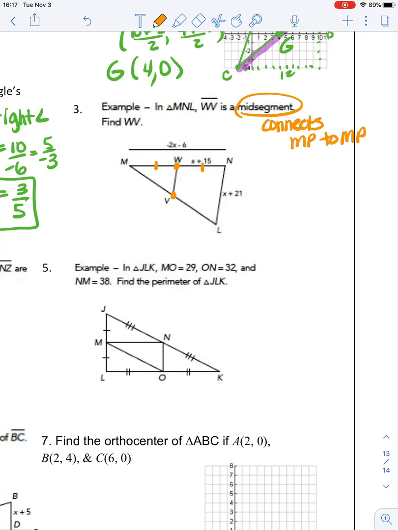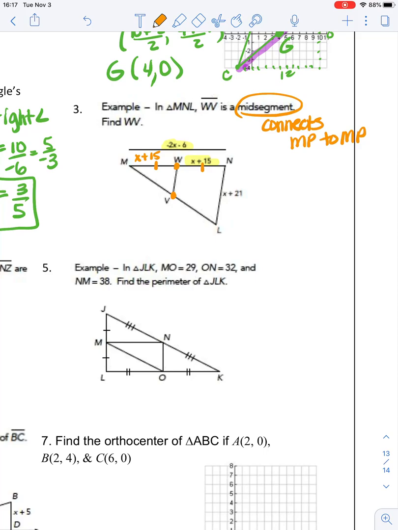So when you look at that, I've got to look at all the pieces. I don't have enough to use NL because I don't have the length of WV. So I'm going to have to use these pieces: this negative 2x minus 6, and this x plus 15. There's no way that x plus 15 equals the whole negative 2x minus 6.